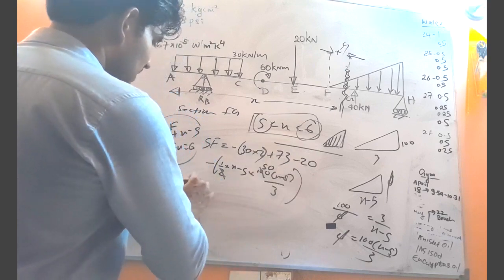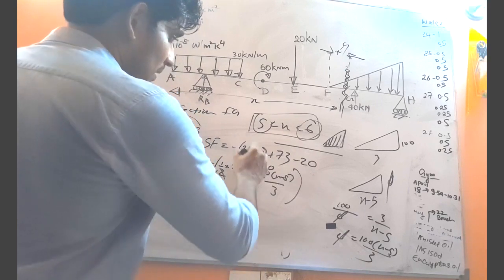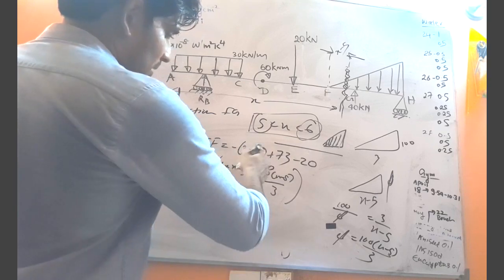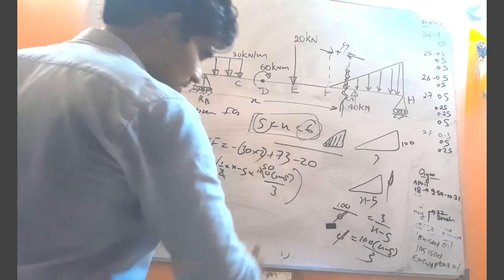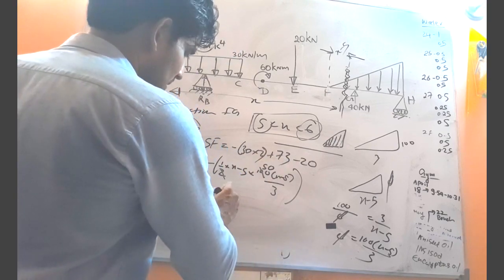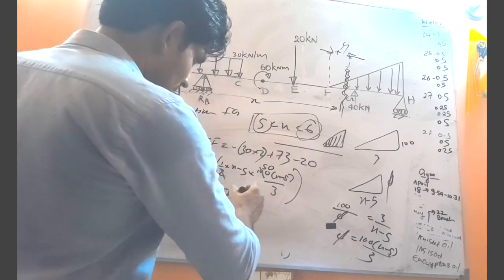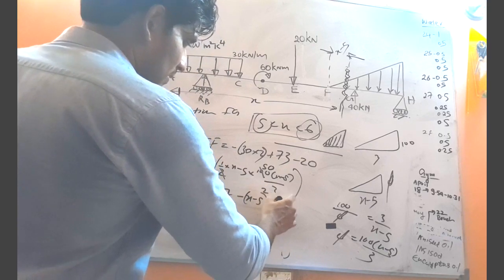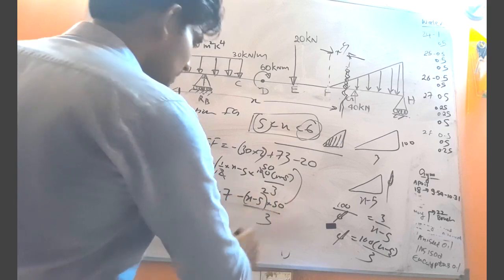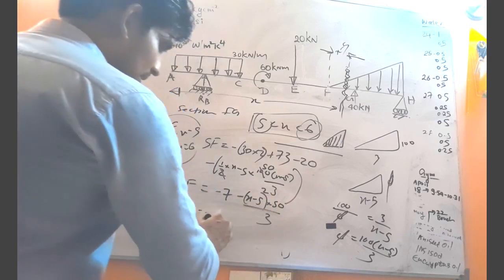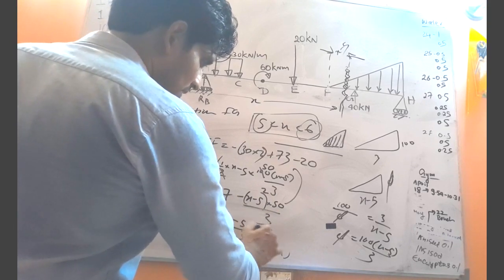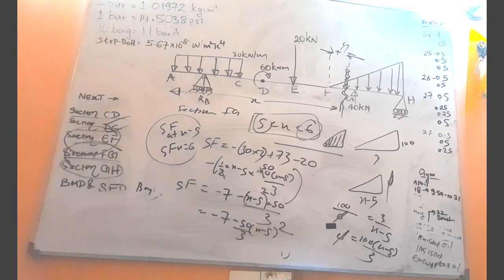So the shear force general equation will be 13 minus 20 minus 7, minus 7 minus 50 divided by 3 x minus 5 whole thing squared, right? That is the general equation for the shear force.